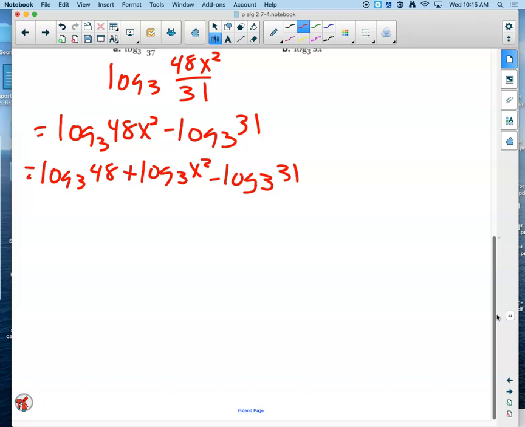That's the only one that has the x. Unless, snail shell, see if anything works out. 3 to the something is 48. Not something nice. 3 to the something is 31. We're done.